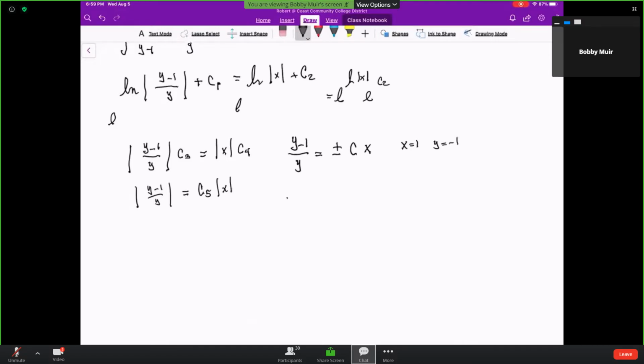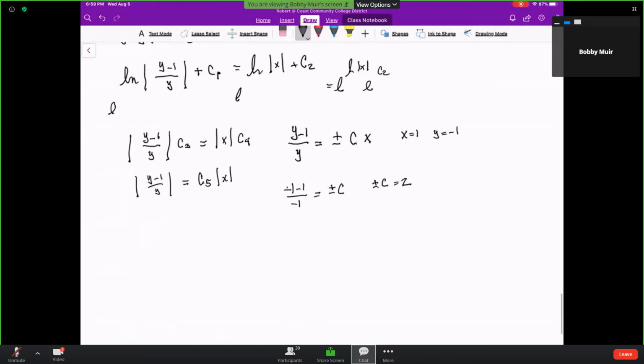So negative 1 minus 1 over negative 1 has to be plus or minus the c thing. Well, that tells me that the plus or minus c thing is going to have to equal 2.